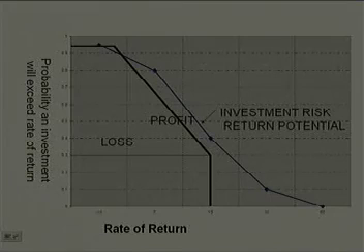In this, blue lines represent investment risk return potential and the black line represents the aspiration level of the investor. So, the enclosure that the aspiration level makes represents the loss area.